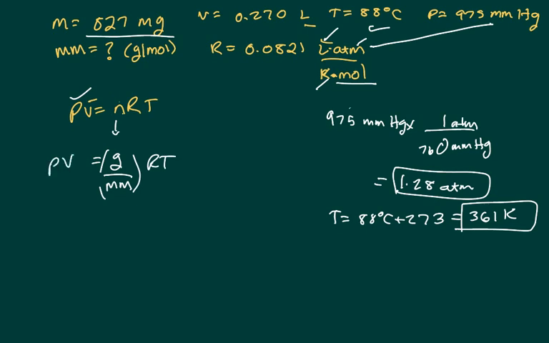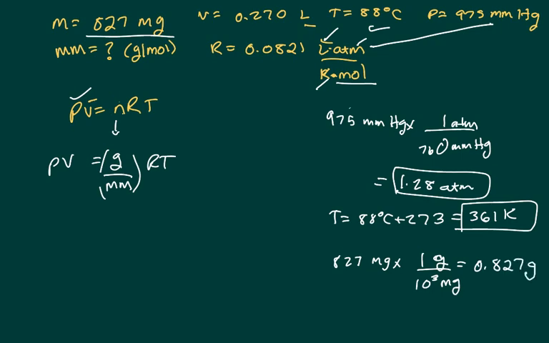The only problem is that your mass should be in grams, not milligrams. So let us go ahead and convert 827 milligrams into grams. For every 1,000 milligrams, we have 1 gram. So this is going to be 0.827 grams.